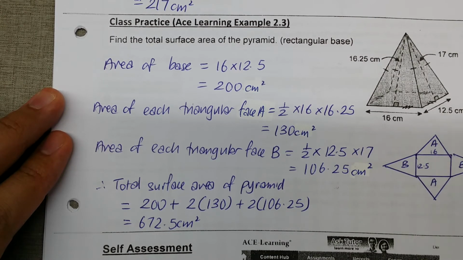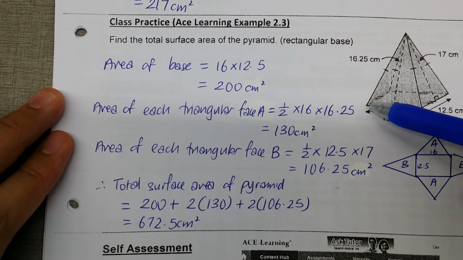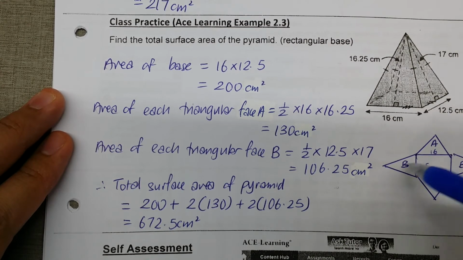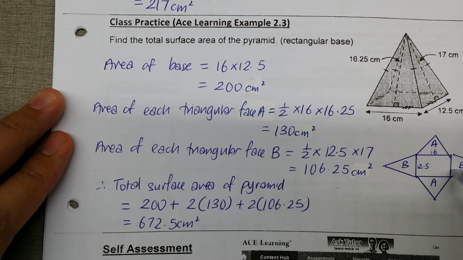Triangle B's, these two are the same. Why are they different? Because the base is a rectangle. One of the sides is 16, the other side is 12.5. So the triangles from the same side of the rectangle must be the same.